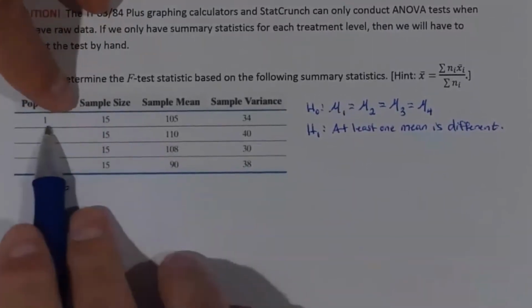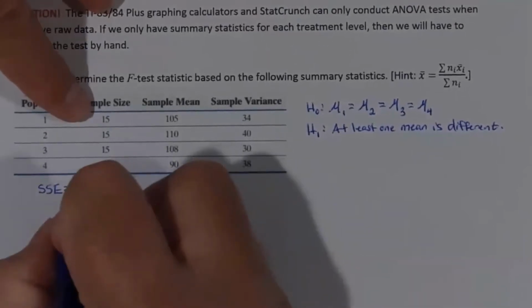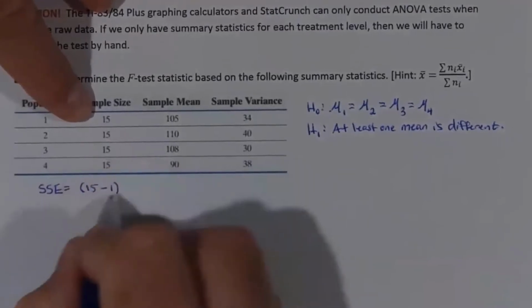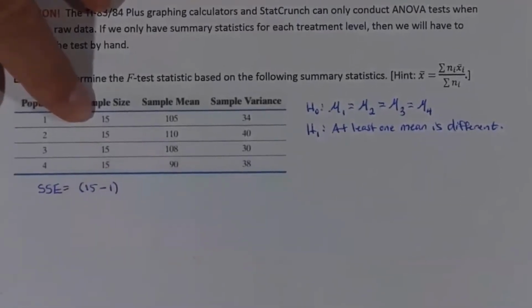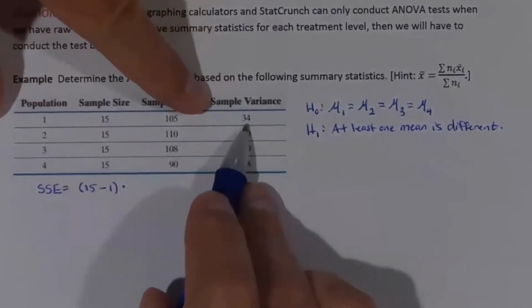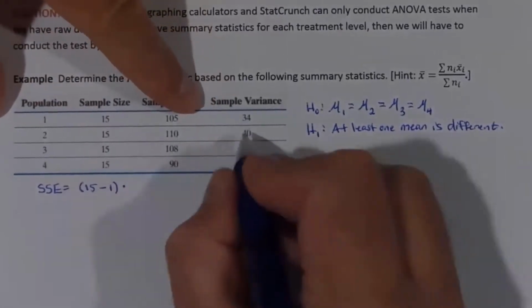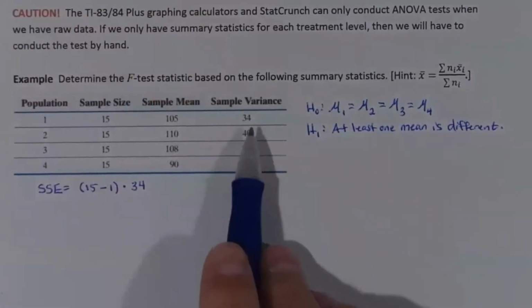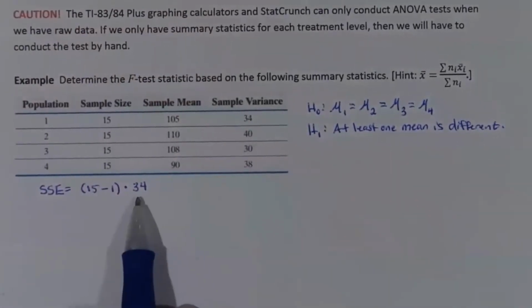And so for the first sample, I'm going to take the sample size 15 minus 1, so that's really 14 degrees of freedom, and I'm going to multiply that by the variance of the first sample, and the variance is 34. Now again, I just want to caution you that this is the variance, so this actually is S squared right here, so I don't have to square it.